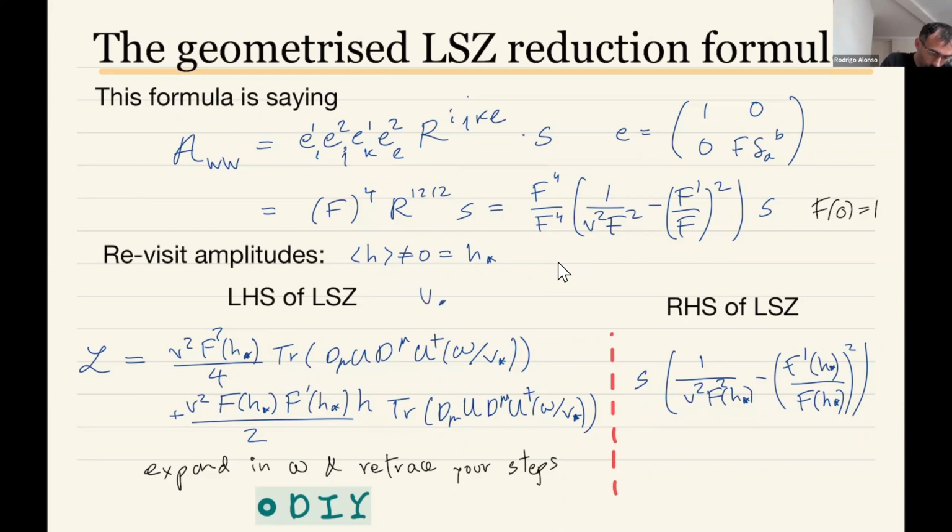So v star as a function of v and F of h star is given by canonically normalizing. It's not too hard to get once you expand that Goldstone matrix and look at the first term in the expansion, the kinetic term, and you'll find that relation.